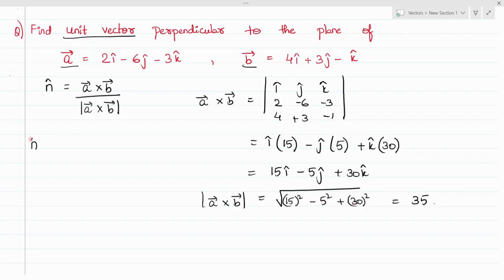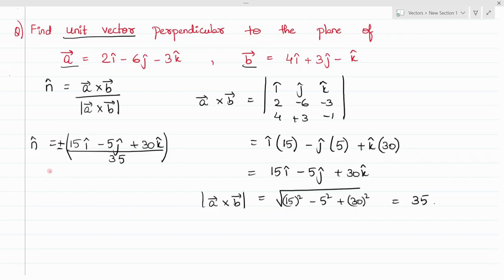Now n cap is equal to 15 I cap minus 5 J cap plus 30 K cap divided by 35. One more important thing is that it becomes plus or minus of this whole thing, because we are talking about direction over here, so it can be plus or minus.